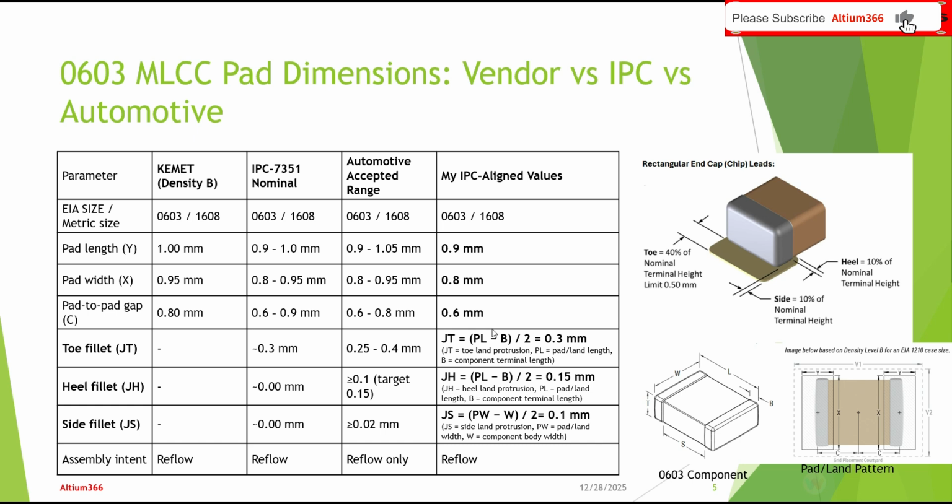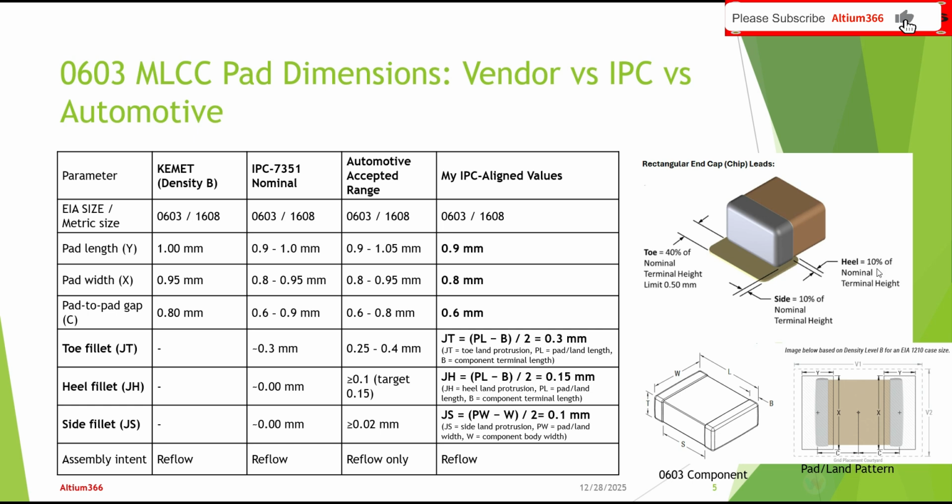But here in this column you can see the formula for how you can calculate these values. This portion here is called the toe fillet, which is normally 40% of terminal height. The terminal is this terminal, and that's the value recommended only for 0603 or 0402 package capacitor. And this portion is the heel, which is behind the terminal.